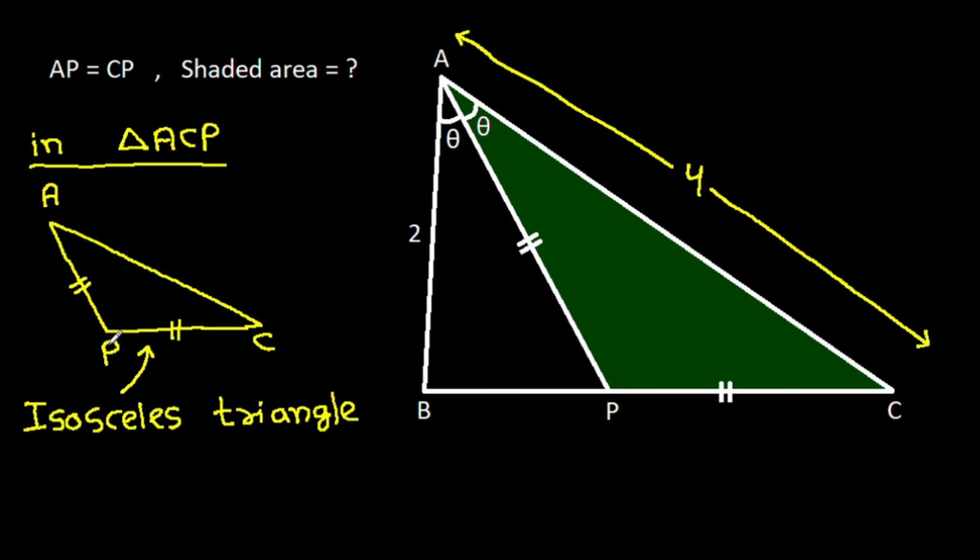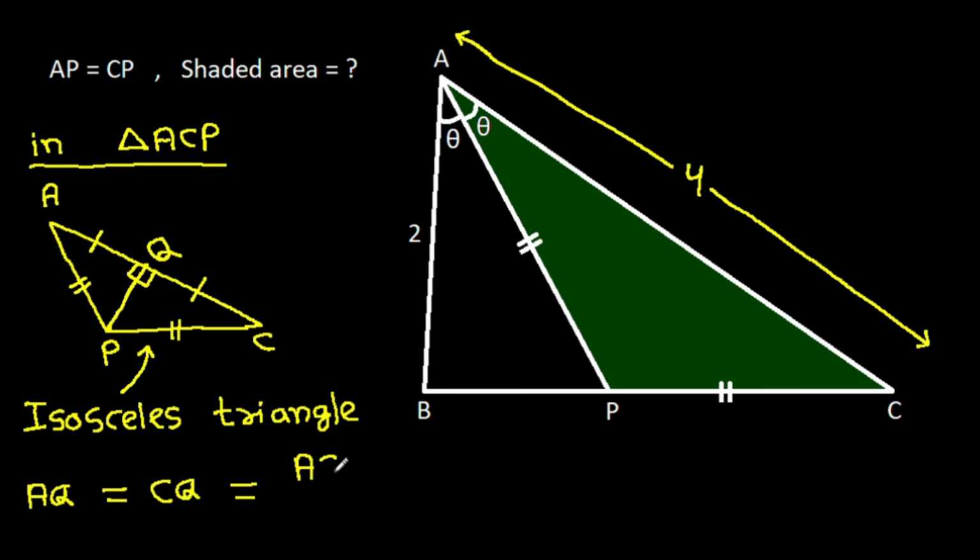So from point P, if we make a perpendicular on AC, suppose this point is Q, then it will bisect the base AC into AQ and CQ.